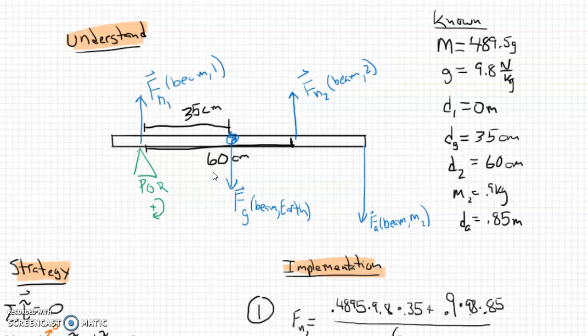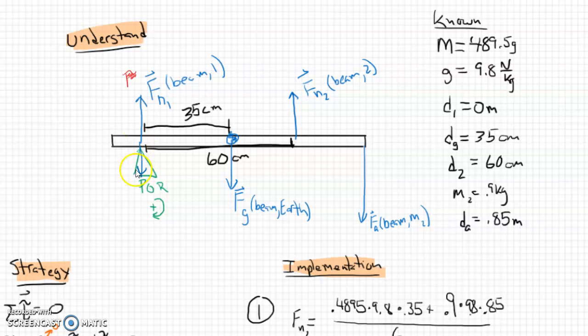So don't despair. This basically just tells us that we picked the wrong direction for this normal force. So this normal force here is in fact incorrect. This is actually in the wrong direction. Basically, what our calculation tells us is that the normal force actually has to be in a downwards direction instead.